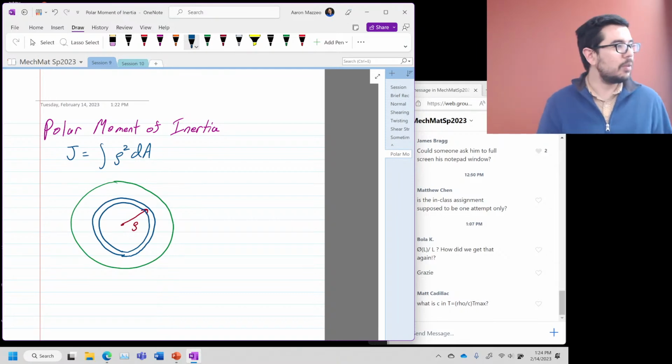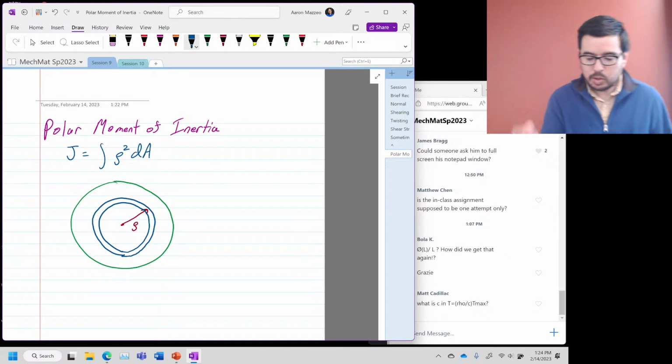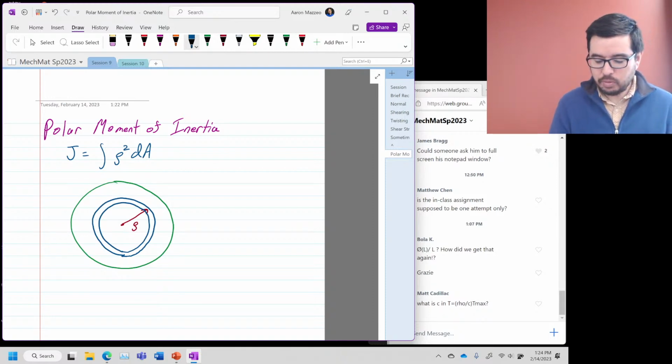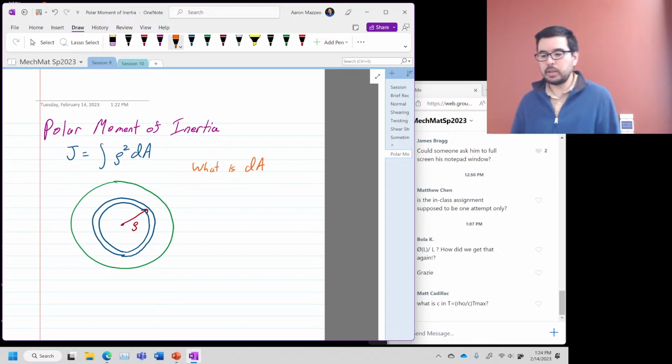You folks know where we're going with this? Okay. We want to do an integral with respect to dA. So here's the question: how would you define dA? What is dA, with this drawing that we just made? Yeah?